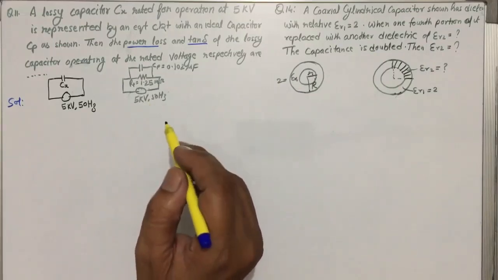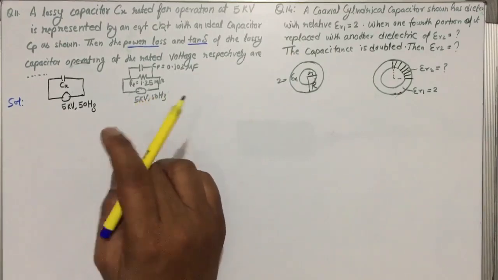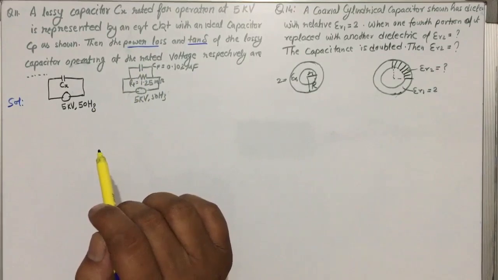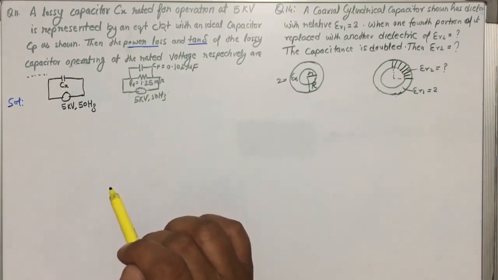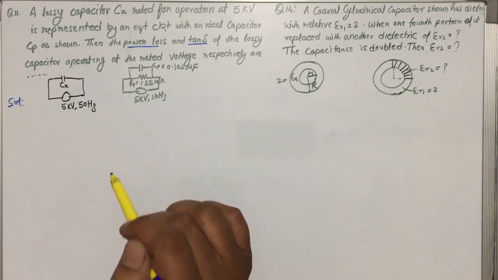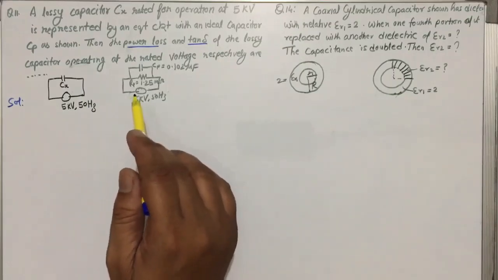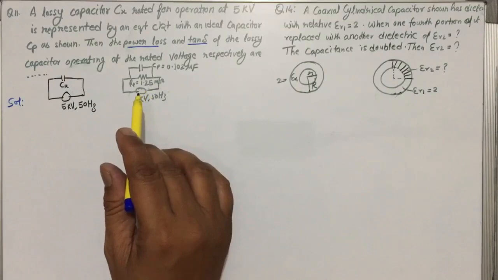So from here, since the capacitor is ideal, power loss will not be there in this part, because an ideal capacitor cannot dissipate power. It can store energy, and charging and discharging takes place. It will not lose the power.